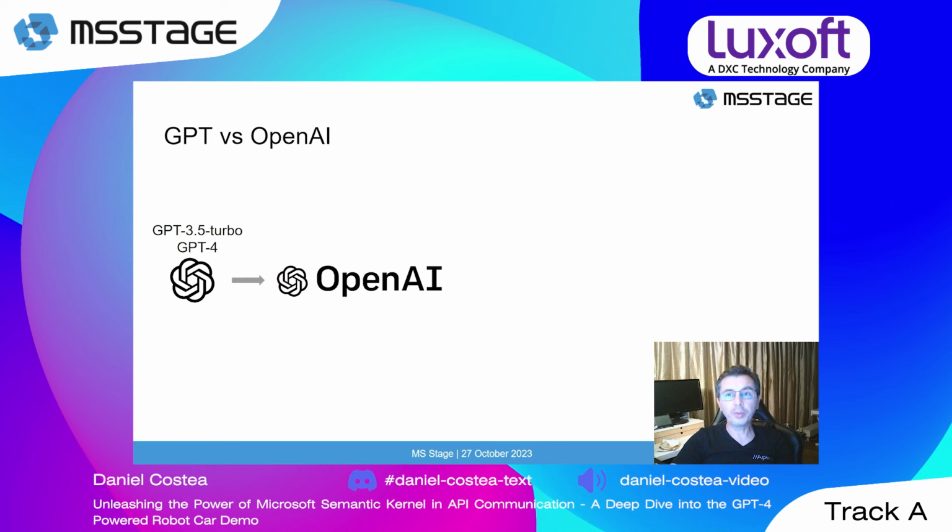So, OpenAI API is a web-based interface that allows users to access various AI models, such as GPT-3.5, GPT-4, DALL-E, and more. OpenAI API is mainly used by developers who want to build applications.